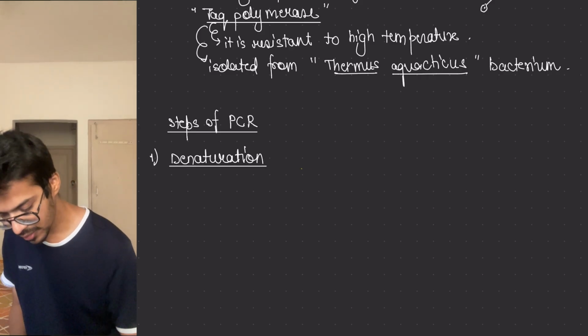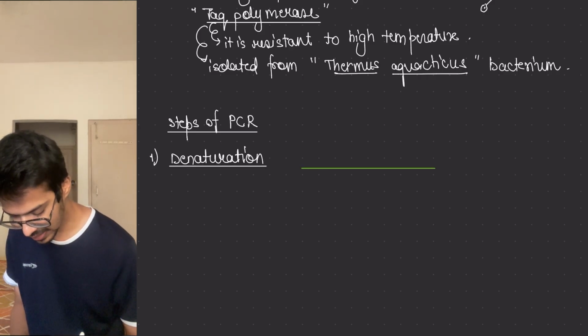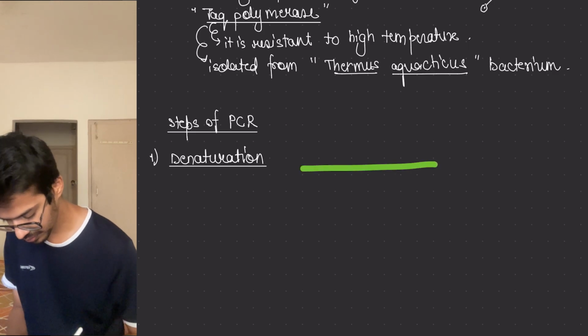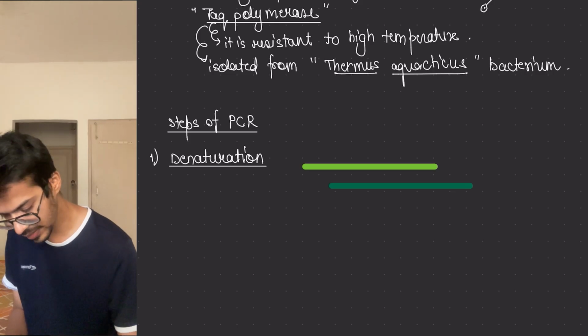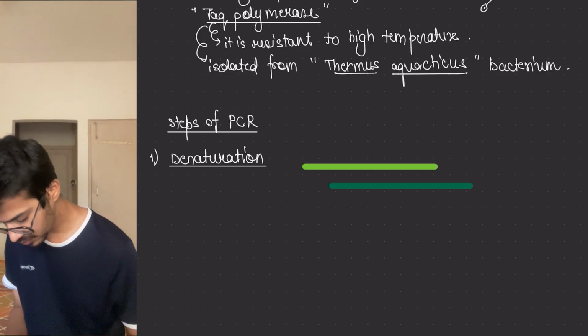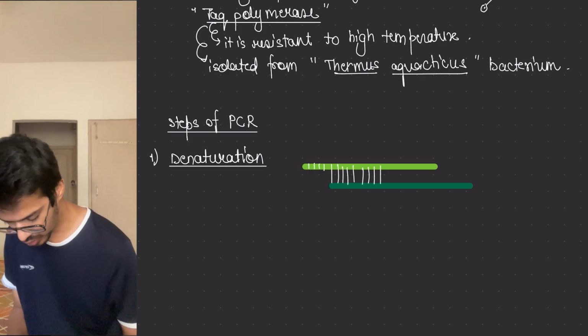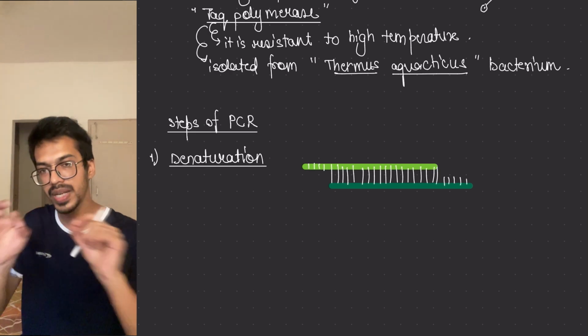Your fragment was something like this, right? These white color are hydrogen bonds, right? So the first thing would be to break this thing.